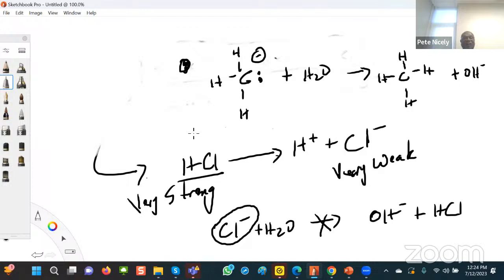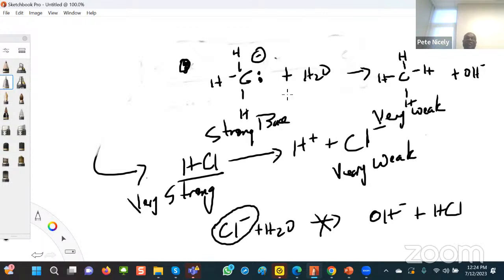So this is a strong base, very strong. And the resulting conjugate acid is this, which is very weak, all right? So that just basically shows you the inverse relationship between a base and its conjugate acid and vice versa, all right?